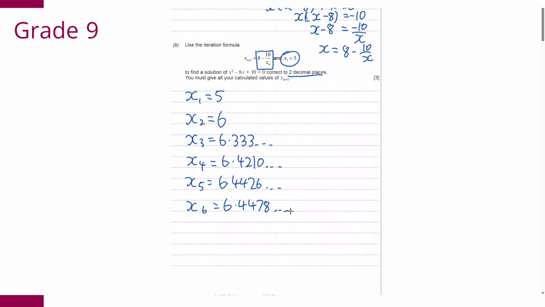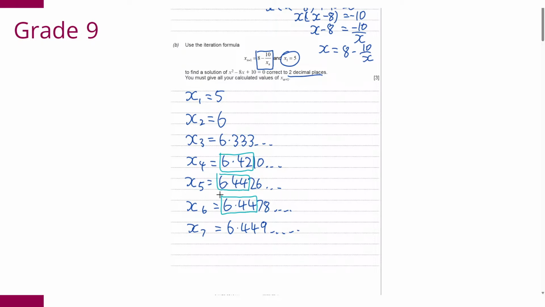So press equals again, and what are you noticing? Every time you press equals, we're sort of there. Notice that the 2 decimal places have changed between those 2.